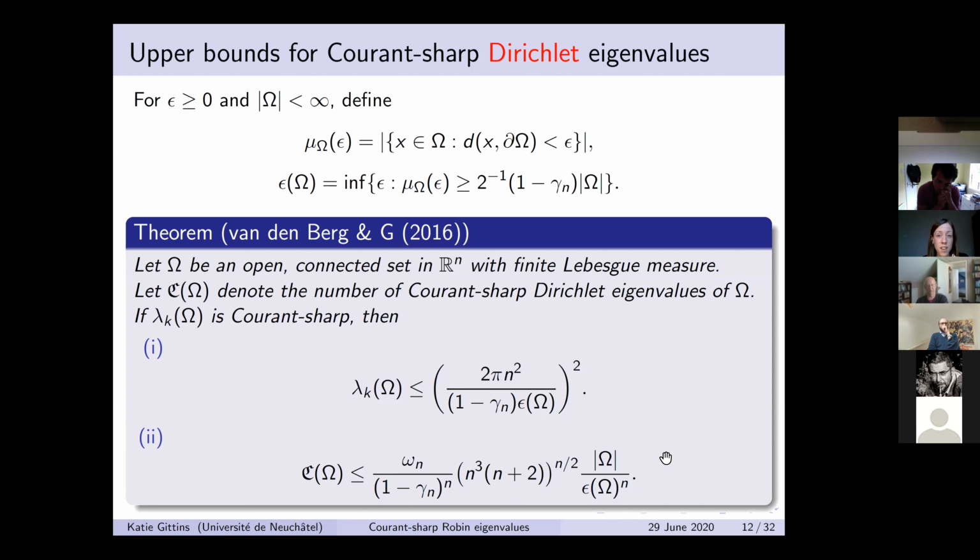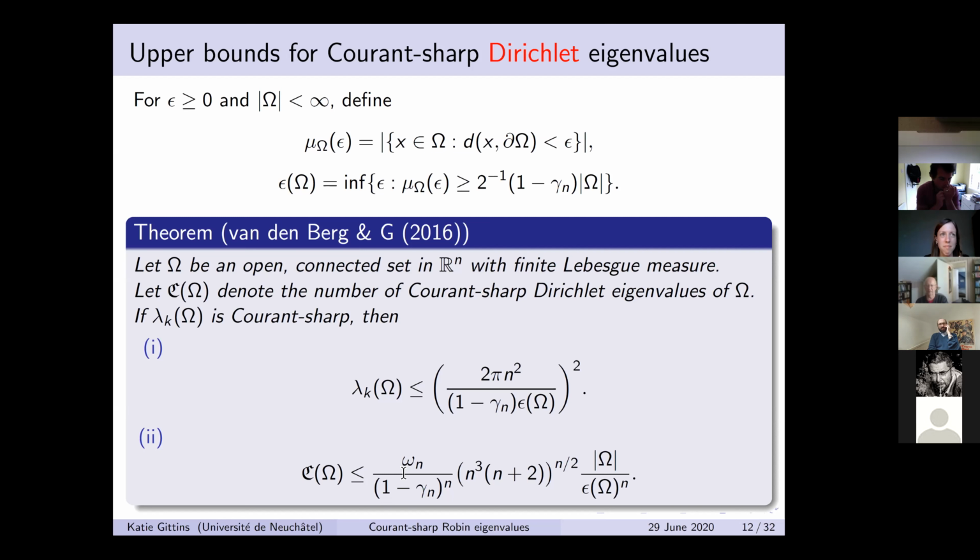So what you can see is, if I fix the volume of omega to be 1 and I have a very long thin domain, then this quantity epsilon_omega will be very small, so the bound will be very big. In the case of a very long thin rectangle, we come back to the case of Sturm, where all of the eigenfunctions are Courant-sharp if I take it sufficiently long and thin.